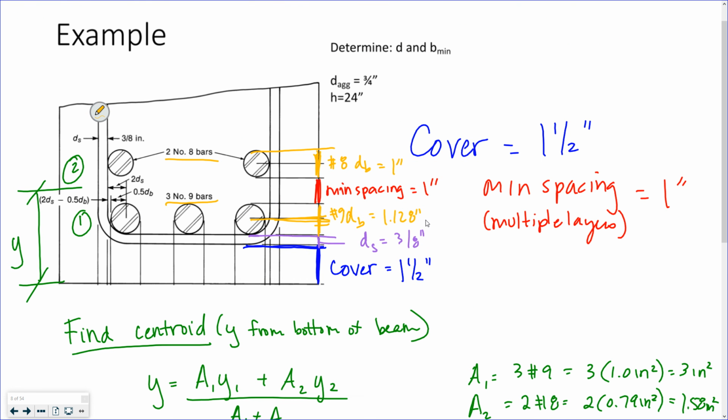Right. I went from here, the cover, my diameter of my stirrup to the center, and now I'm just going from here.